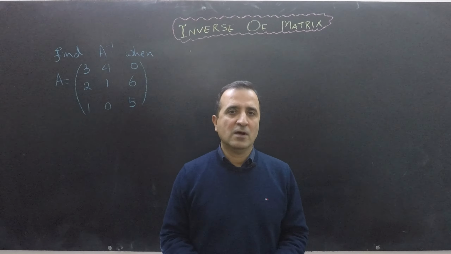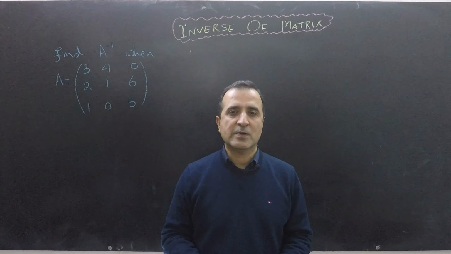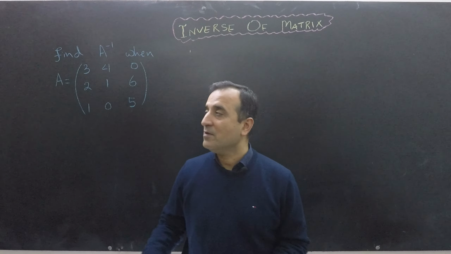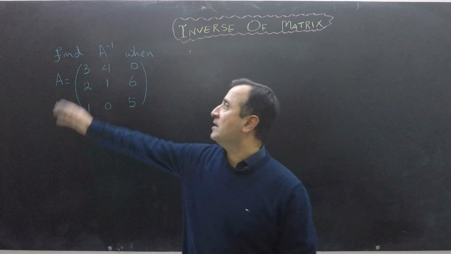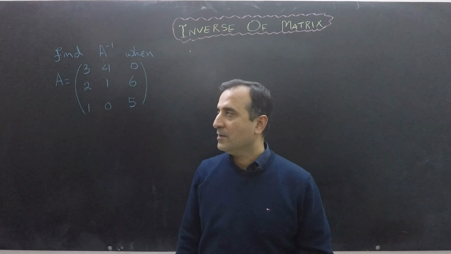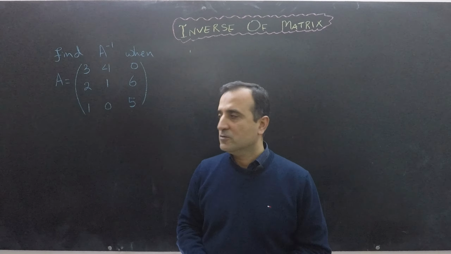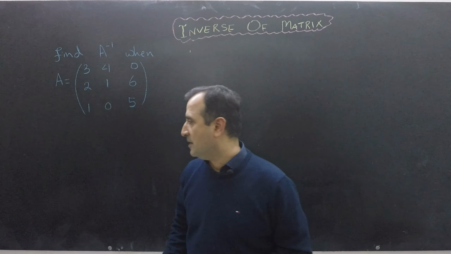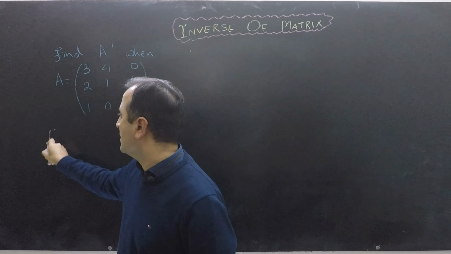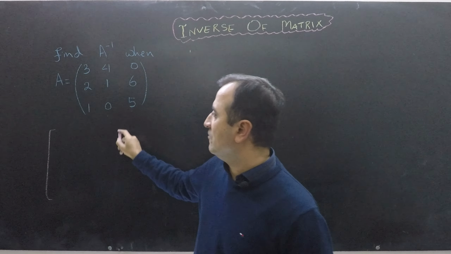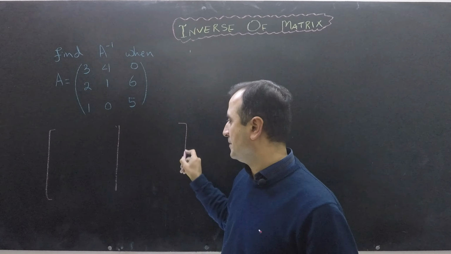So let's do some examples, because the best way to learn is by examples. In this example, we have a matrix A given, and we are asked to find the inverse of matrix A. Now let's see how we can do that. The method goes like this: we write matrix A and the identity matrix side by side.